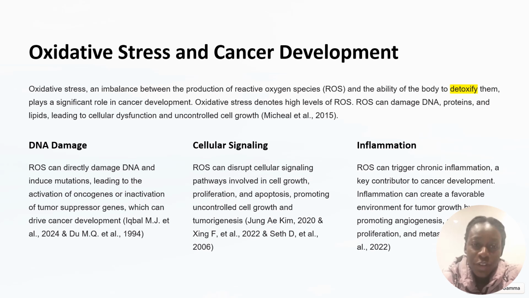To explore further the theory that lipid oxidation affects cancer through lipid peroxidation and oxidative stress: oxidative stress is an imbalance between the production of reactive oxygen species and the ability of the body to detoxify them.